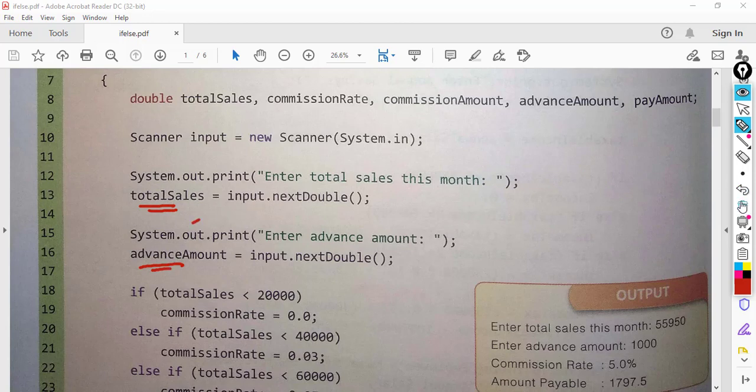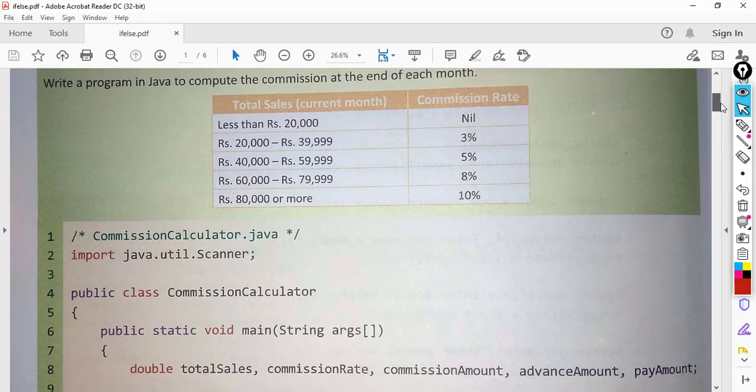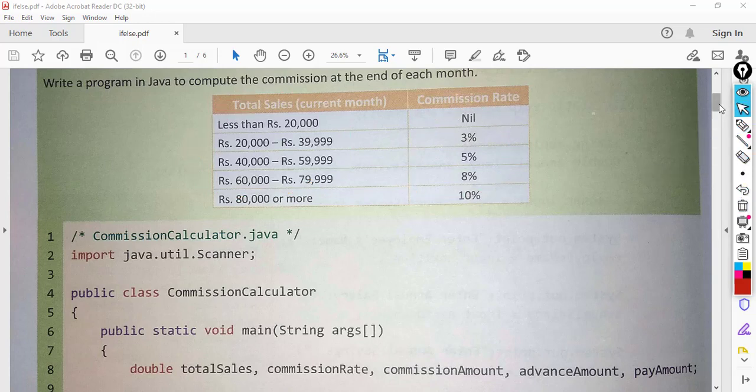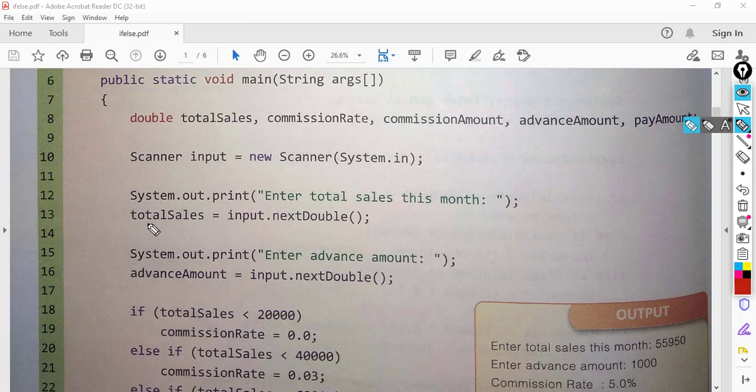We'll make use of this total sales to calculate the commission rate. If you look at the table, we need the total sales, isn't it? The total sales amount for calculating the commission rate. So that is already taken here in the variable total sales.